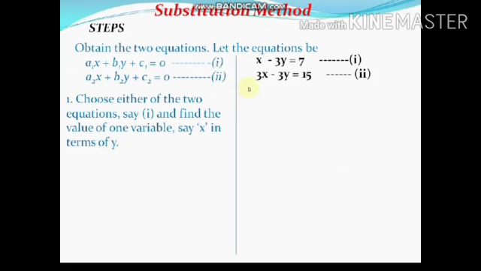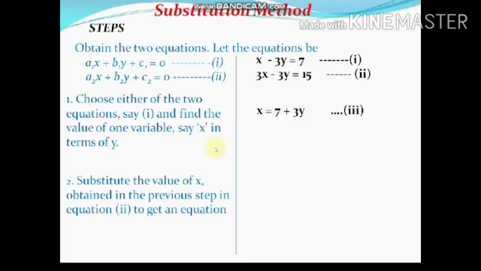To keep it simple, students, choose the equation and variable that can be solved quickly and without complication. You can easily see here that the first equation, x minus 3y equals 7, is very simple, and we can easily find the value of x from this equation. The value of x will be 7 plus 3y.